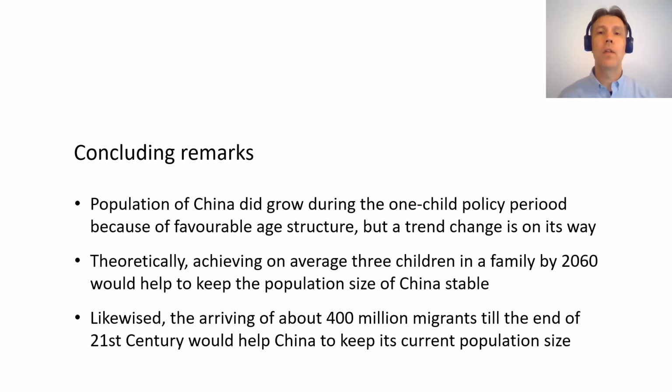However, now the smaller generations who were born during the policy enforcement are entering the family ages, which means that a trend change is taking place in Chinese population development. And if the current fertility levels are maintained, China will witness a very dramatic population loss, and its population will almost halve by the end of the 21st century.